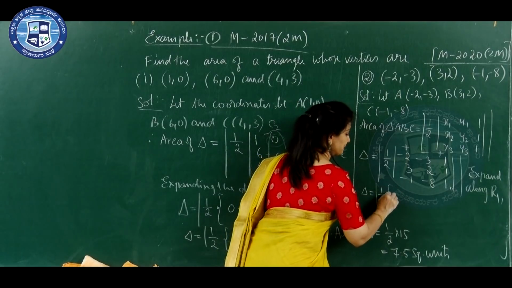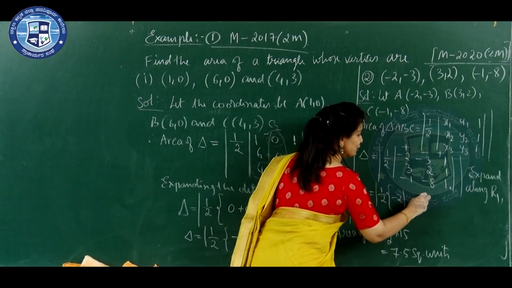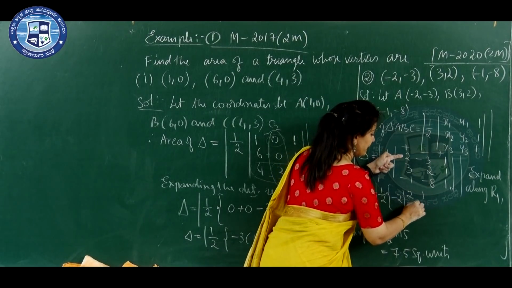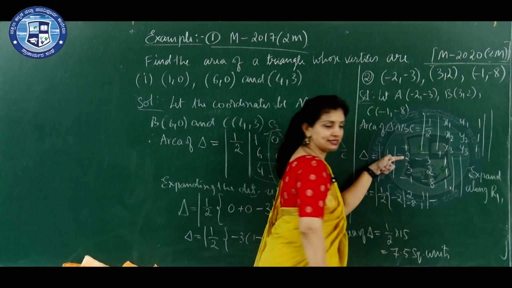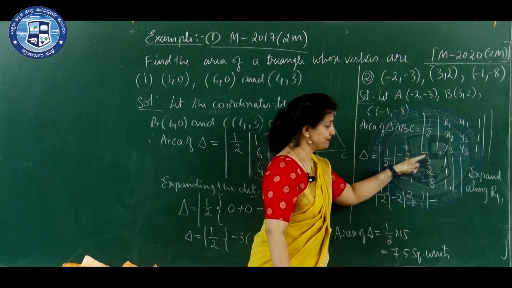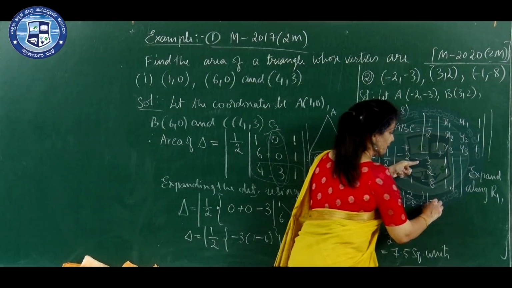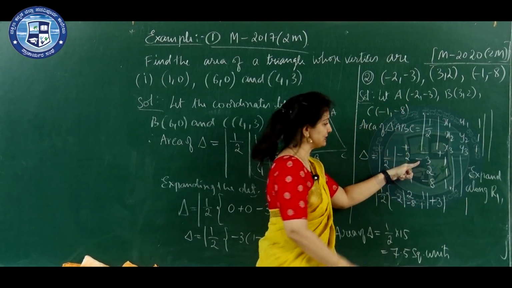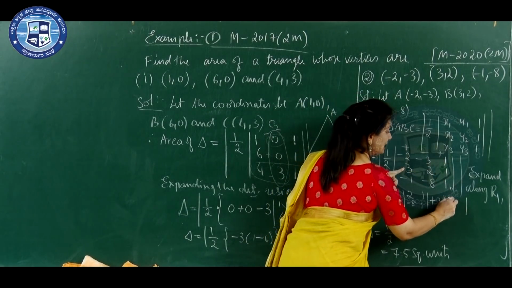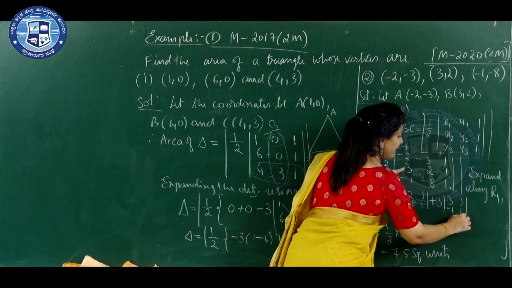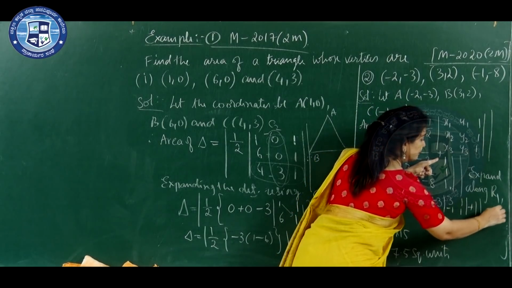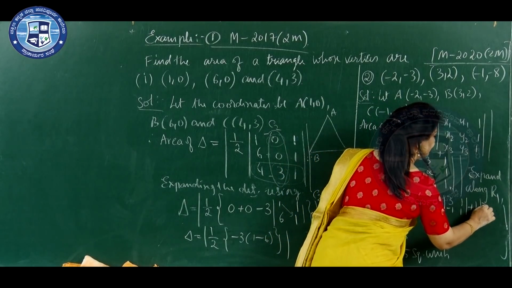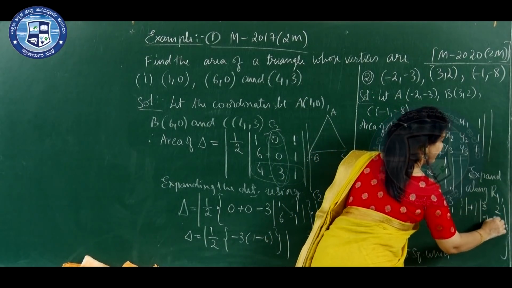Half into minus 2 into the determinant of, leaving the row and column where minus 2 is, 2, 1, minus 8, 1. Minus, the position sign is minus, it is minus 3, so minus of minus turns to plus, into the determinant of, deleting the first row and second column, the elements 3, 1, minus 1, 1. Plus 1 into, deleting the first row and third column, the elements 3, 2, minus 1, minus 8.